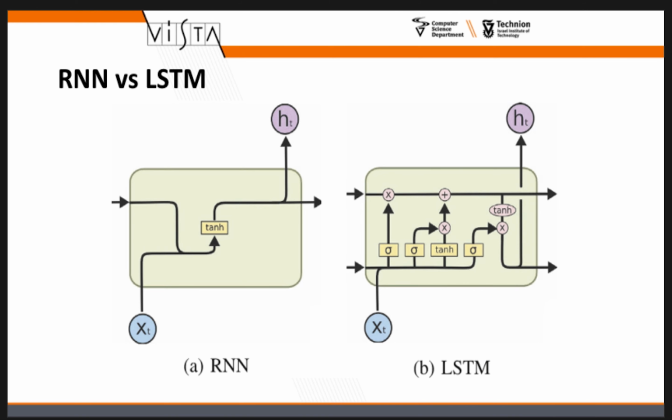Okay, so the first one was RNN. As you see, you have only one state here. You can have here only h and some non-linearity. So here we actually expanded it to a more sophisticated mechanism. It has a lot of dependencies, but it gives better results, because it can better control the flow of the input to the output.